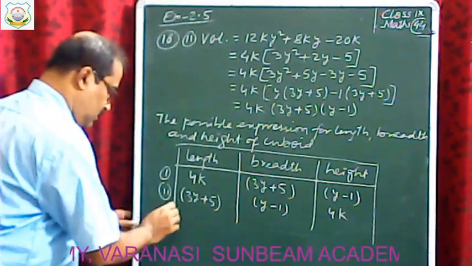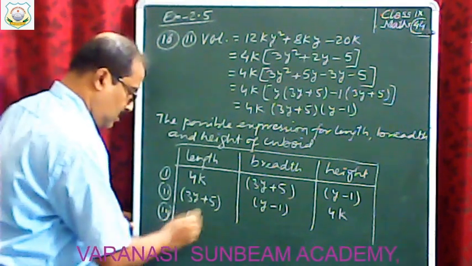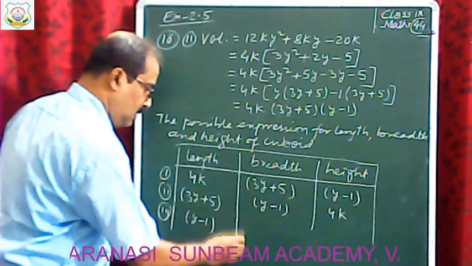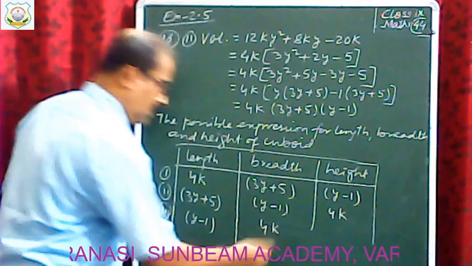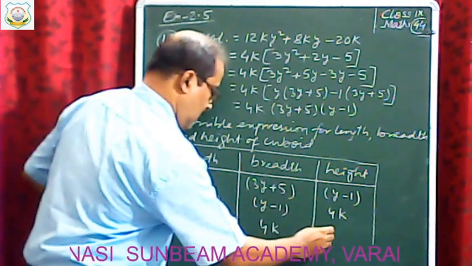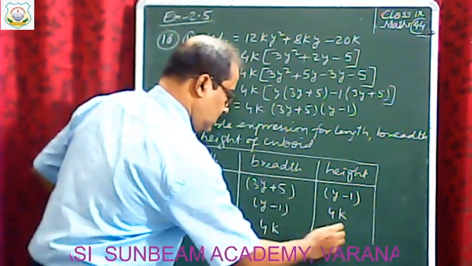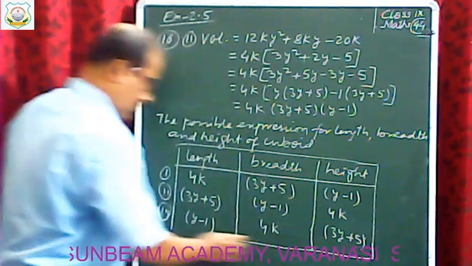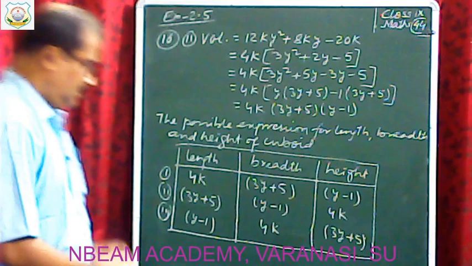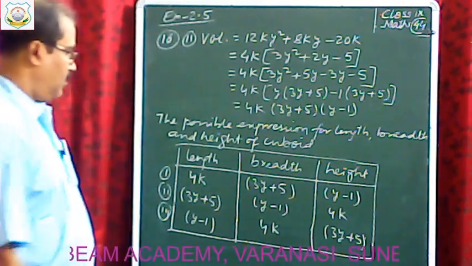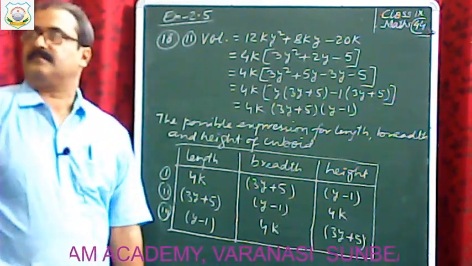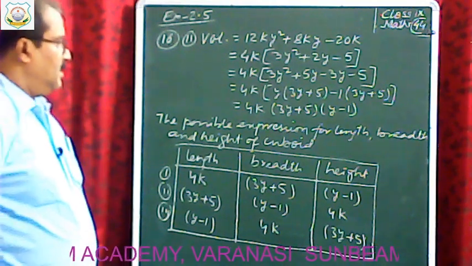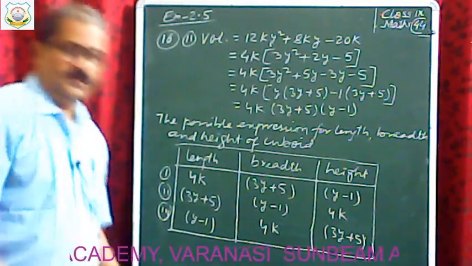Third possibility: y minus 1 the length, 4k the breadth, and 3y plus 5 the height. There are three possibilities of length, breadth and height.